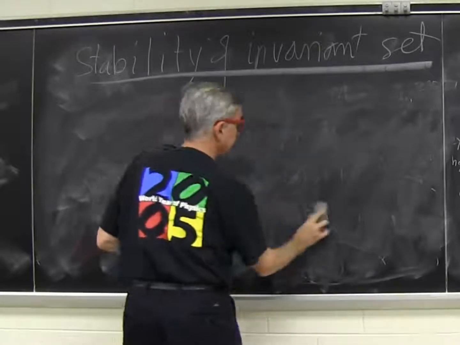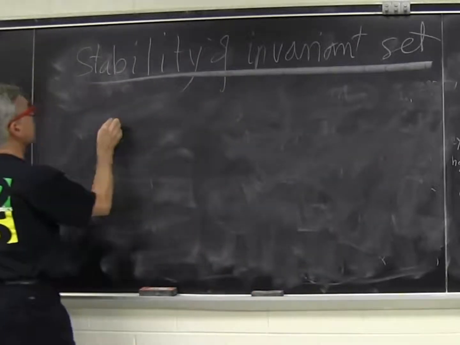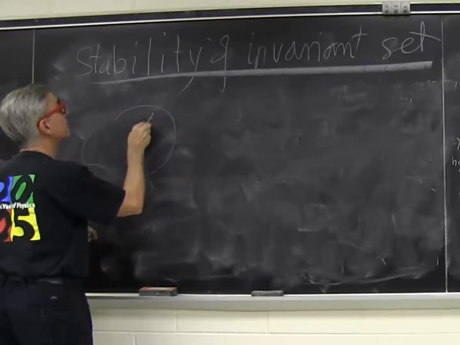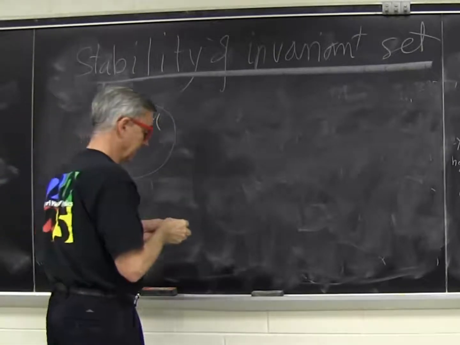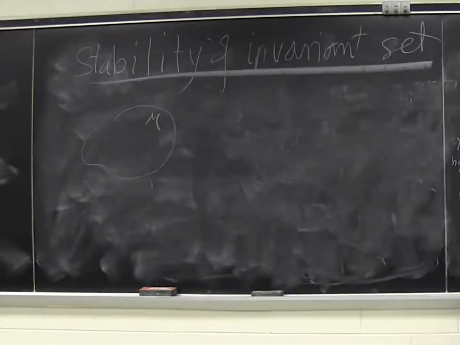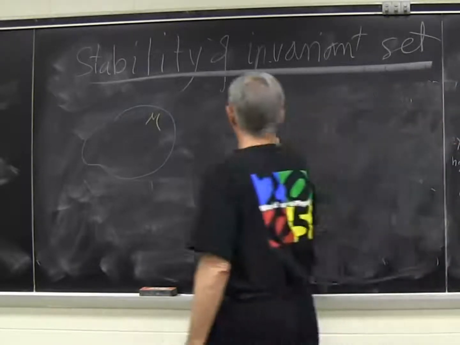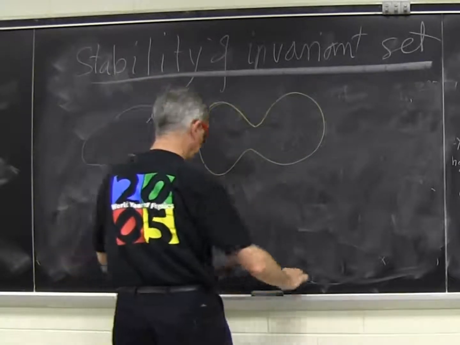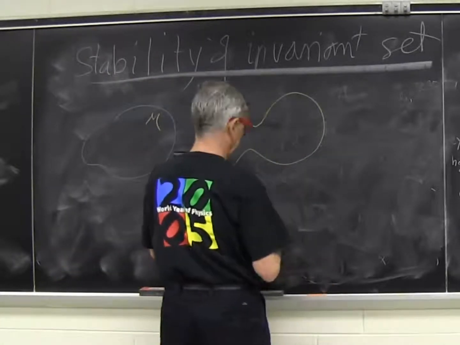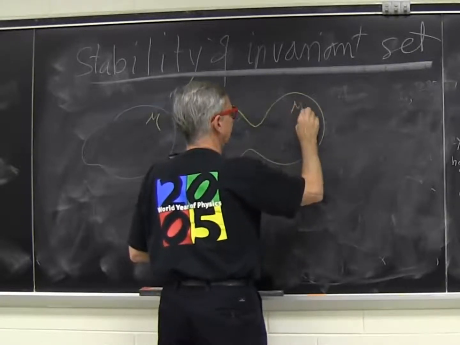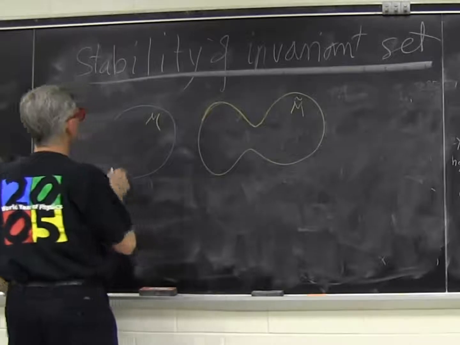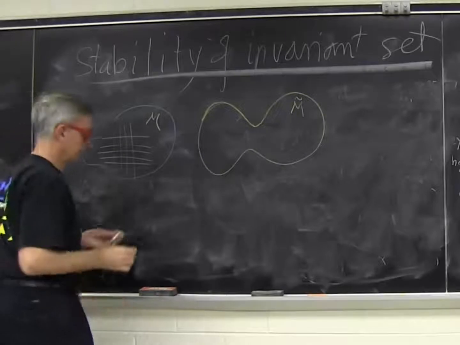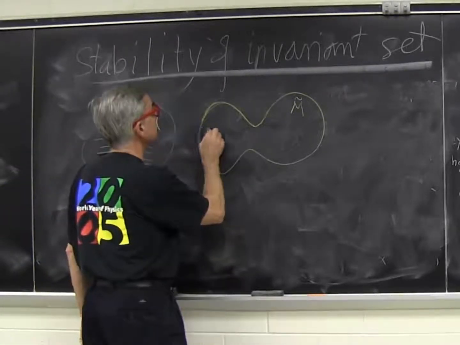So if I have my state space M, and you have your state space, and I have my coordinates and you have your coordinates.